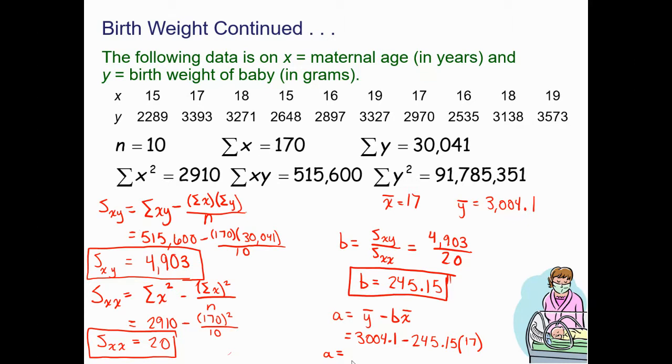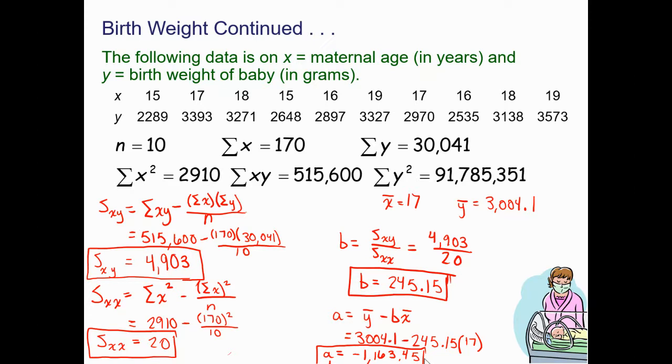And A will be a fairly large negative number, if you're wondering if you got it right or not. That's right. 1,163.45. There's our A.